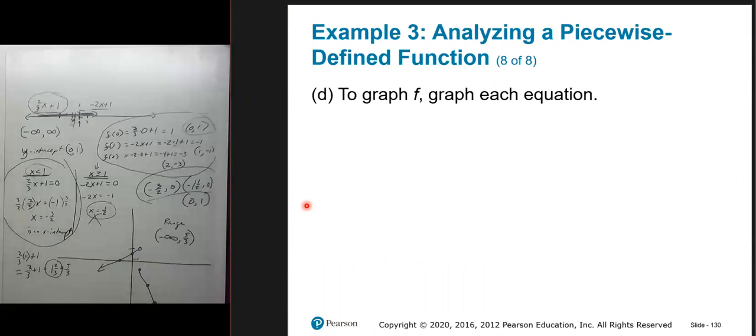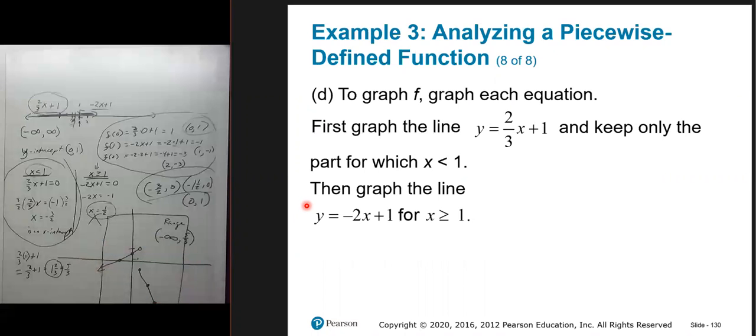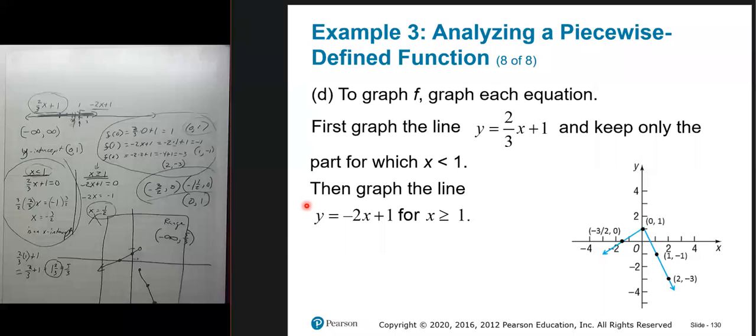Now, to graph this, look at the graph I did, and hopefully you copied it down, did it too. And look at their graph. What's wrong with their graph? Because their graph is wrong. It connects.